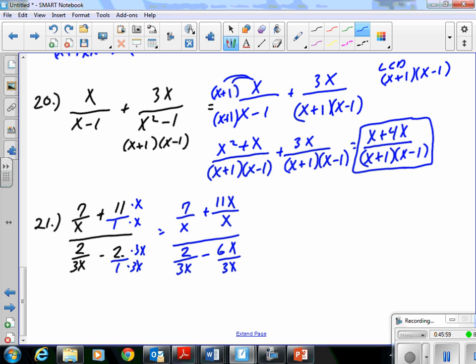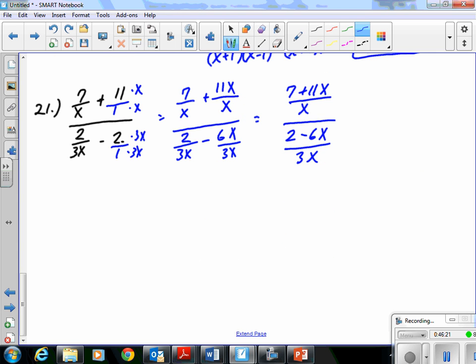So we can go ahead and combine those. 7 plus 11x over x over 2 minus 6x over 3x.